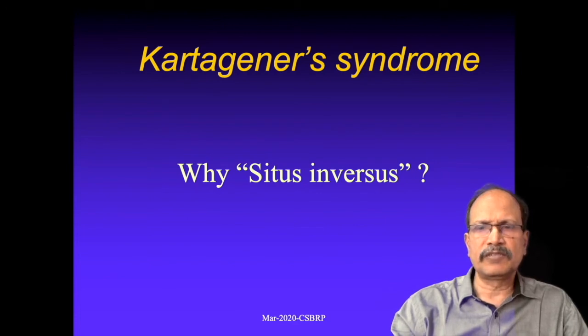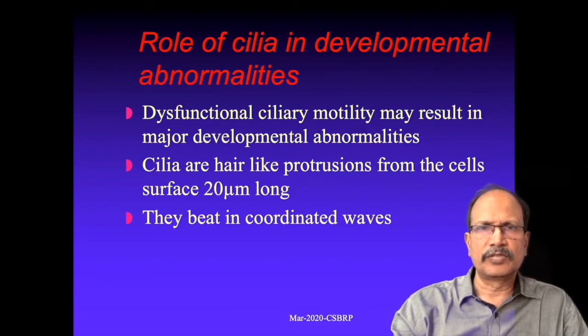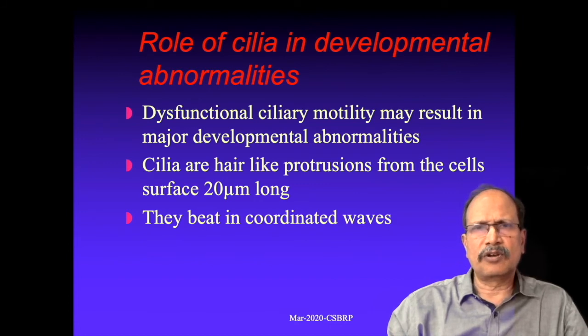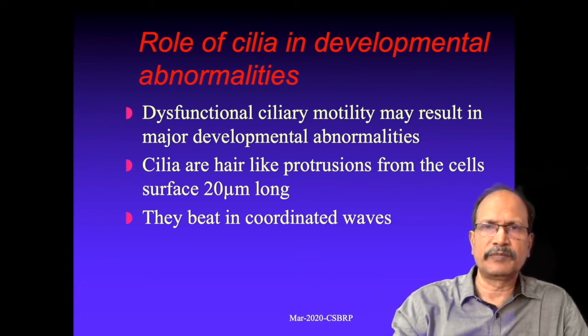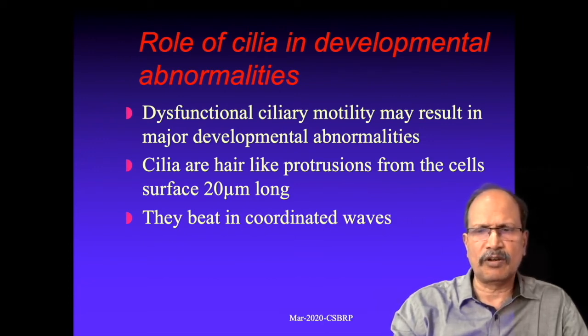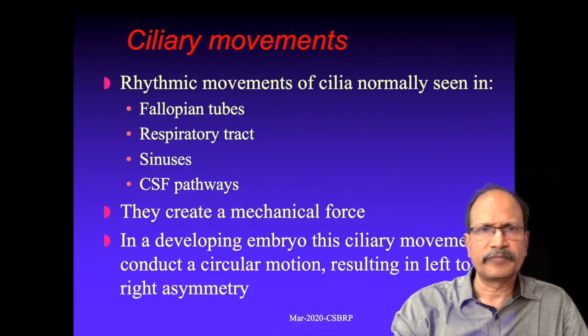So why situs inversus in Kartagener syndrome? Cilia have rhythmic motility, and this rhythmic movement is responsible for rotation of organs during our development. And in ciliary dyskinesia, this rhythmic movement is absent, so organs will be placed in abnormal places, which we call dextrocardia, or it may be situs inversus.